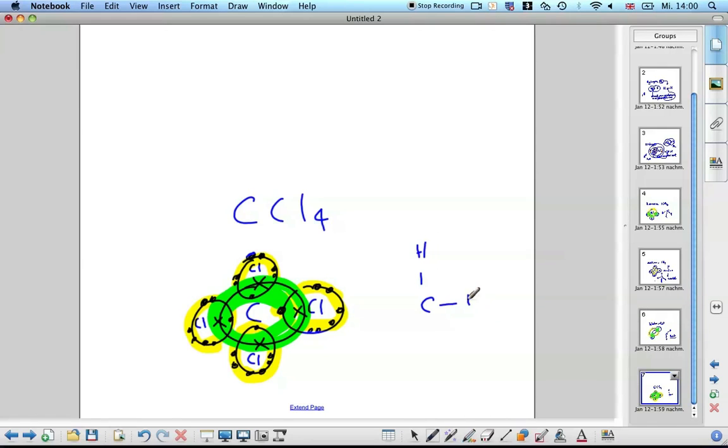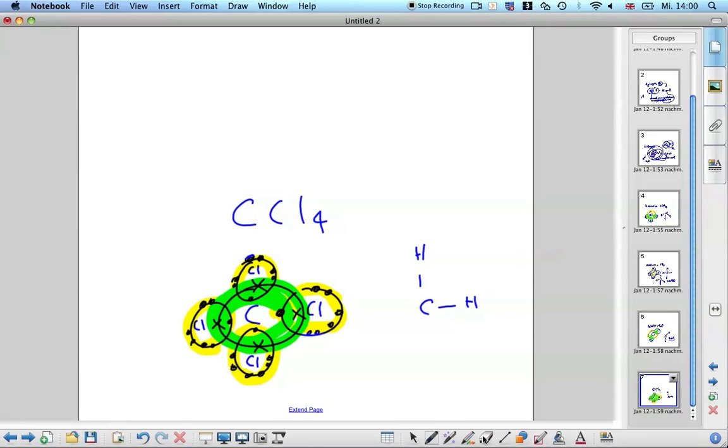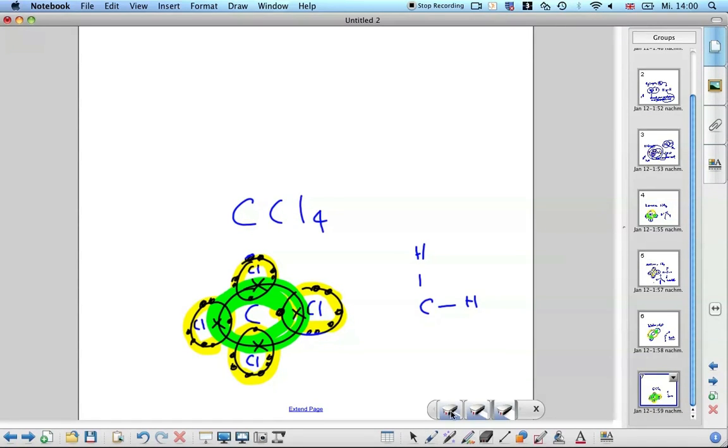So it's a 2-dimensional structure. Not hydrogen, but chlorine. The 2-dimensional structure looks like this, and that will also be a tetrahedron.